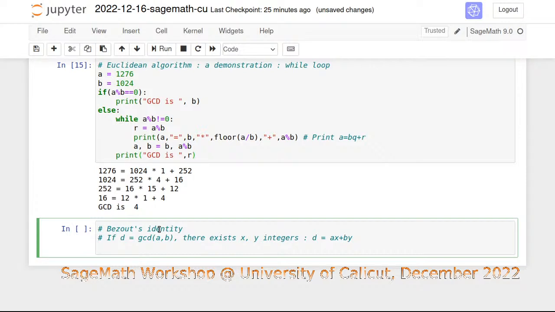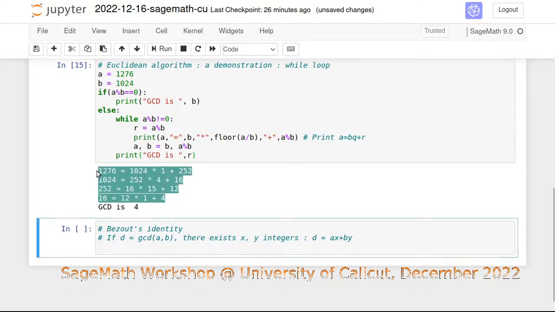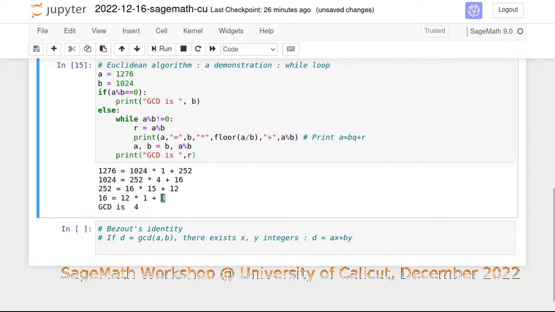To find the Bezout coefficients, the technique is to take all the steps from the bottom upward. That means express 4 as a linear combination of 16 and 12. Then 12 is a linear combination of 16 and 252, and 16 is a linear combination of 252 and 1024, and work backward.